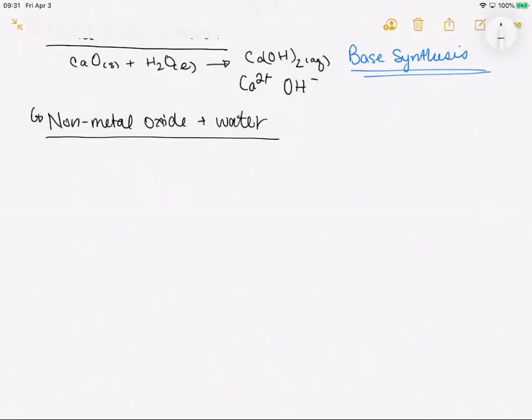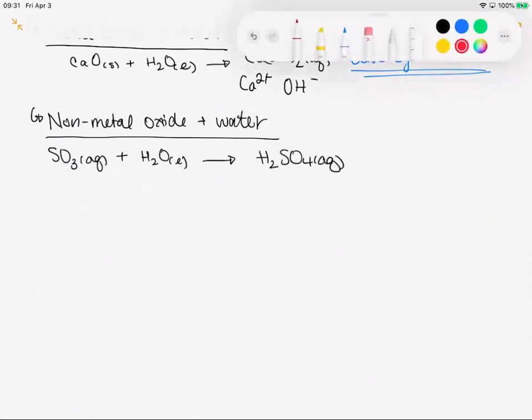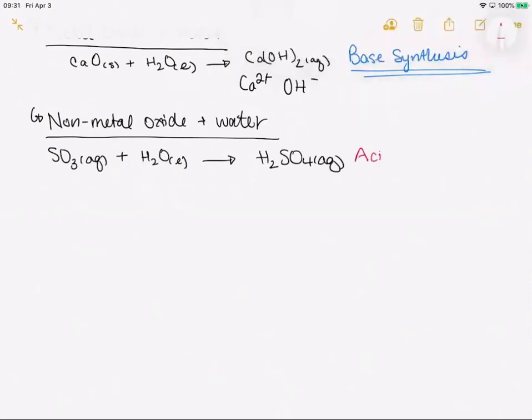So for instance, if we have SO3 aqueous plus H2O liquid, it's going to form H2SO4, which is sulfuric acid, right? And these ones, because they are more complicated, and it requires you looking at oxidation numbers to be able to balance them, we're skipping over that.